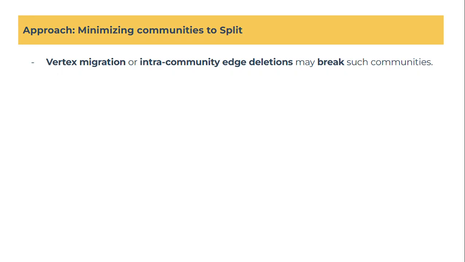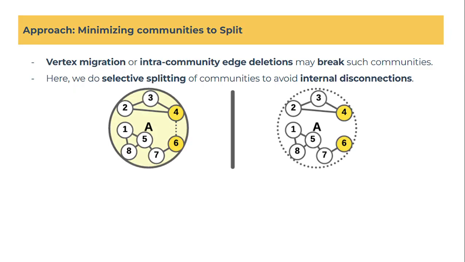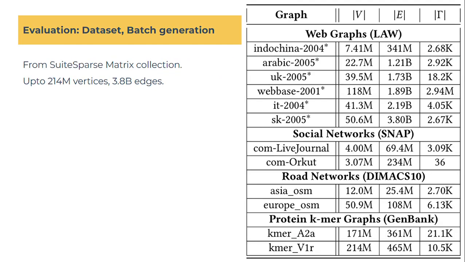If the community is unrefined, but there is no vertex migration or no intra-community edge deletion, such a community cannot break, and therefore we skip splitting such communities. So this selective splitting is done only in these two cases, where there is a vertex migration or intra-community edge deletion. So these are the three steps.